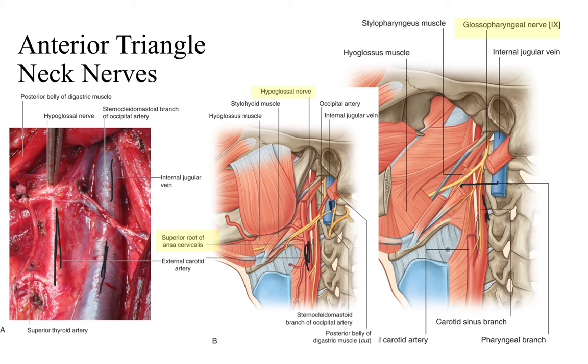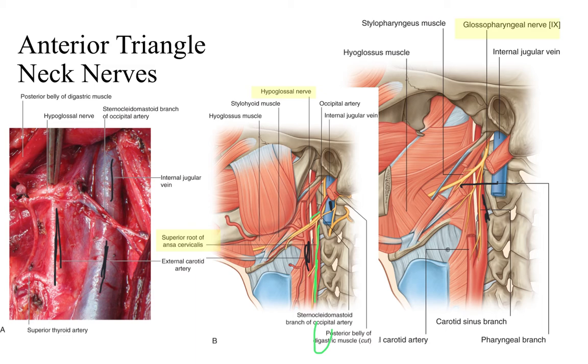But the point of this slide is the nerves of the anterior triangle of the neck. So we've already seen the superior root of the ansa cervicalis right here, and notice that it's running along with the internal carotid artery right here. So when looking for it, that's an easy find. If you find the internal carotid artery, you'll find the ansa cervicalis, and of course down here it's going to loop, so another easy way to find it.